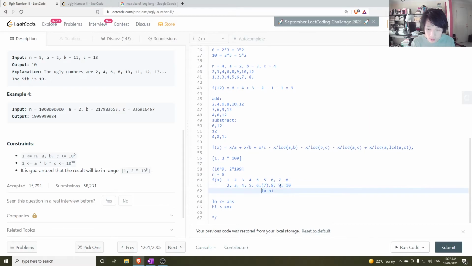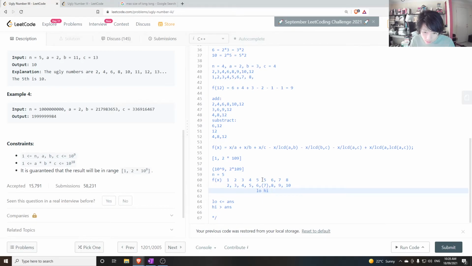So let's try and move this here. With these invariants, this doesn't fit, because low in this case is, yes, less than or equal to the answer, but high is not strictly greater than the answer.